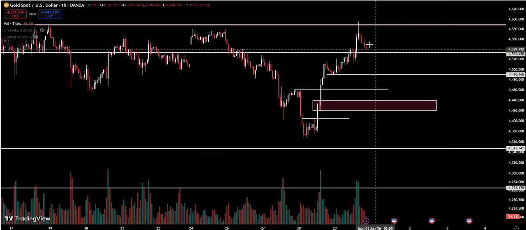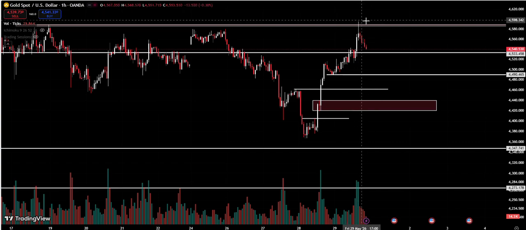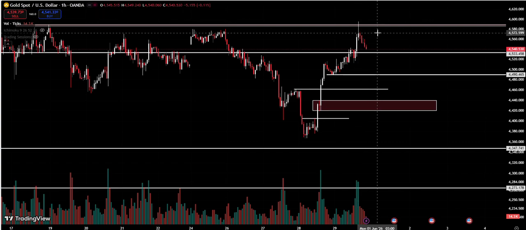So for the sellers, I hope you had a position from this exact resistance area, because this was the resistance area, and sellers should be active in this zone with a minimum stop loss of 50 to 60 pips from this zone. Yes, I hope sellers are there.